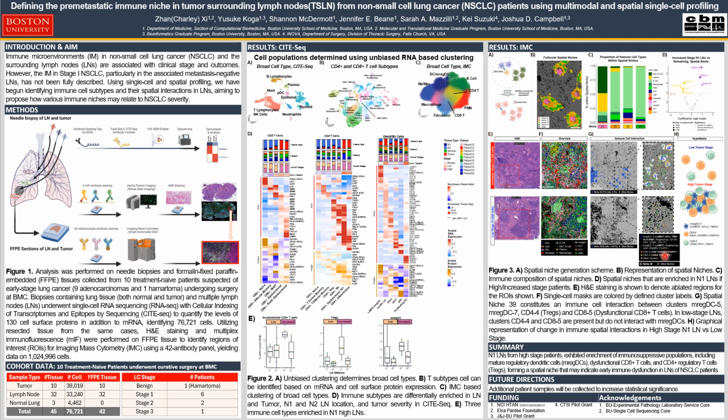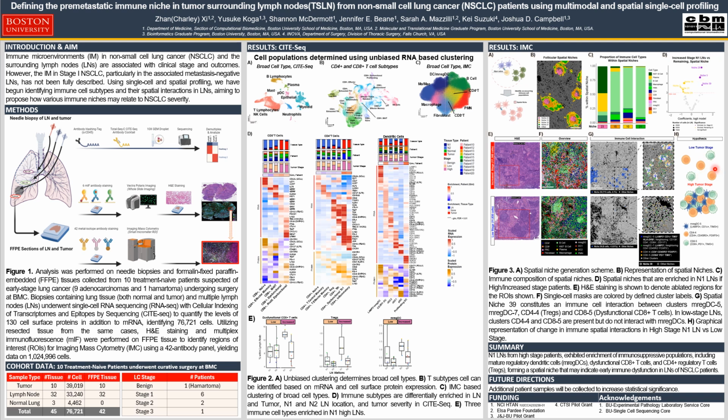From the marker expression, it matches exactly what we see in our CITE-seq data, where the mreg DCs are these TIM3 positive mreg DCs, as well as CD4-4, which are the Tregs, and the CD8-5, which are these dysfunctional CD8 T cells, based on the protein expression. So here we see that niche 39 is composed of these different immune cells interacting with each other and is enriched in the higher stage N1 lymph nodes.